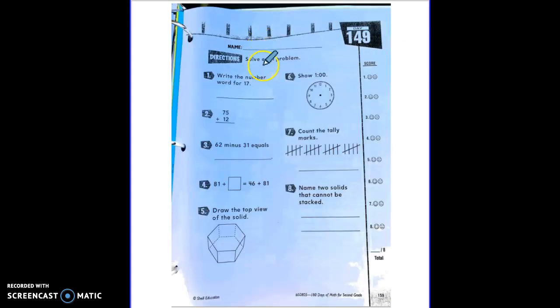Then for your math 180, write the number word for 17.